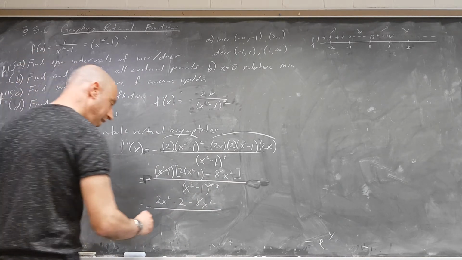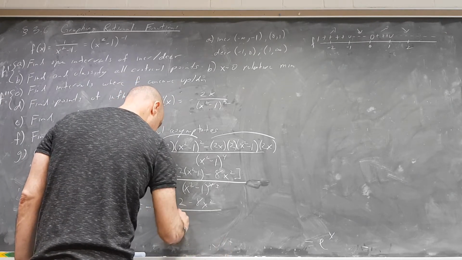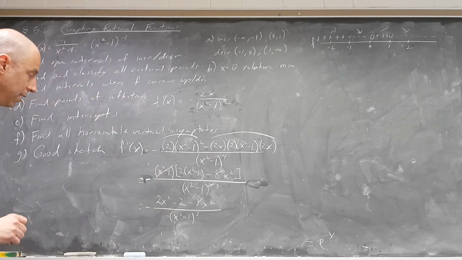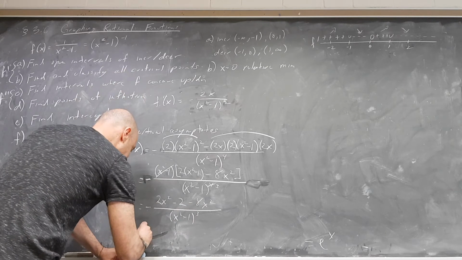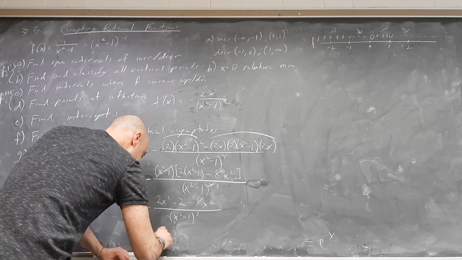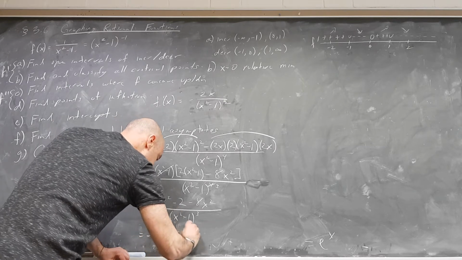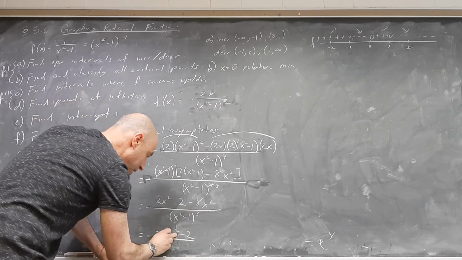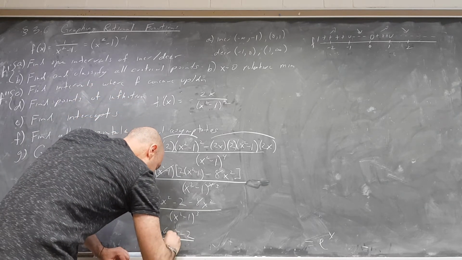All over x squared minus 1 cubed. Oops. And 2x squared minus 8x squared is minus 6x squared, so minus 6x squared minus 2 all over that x squared minus 1 cubed.